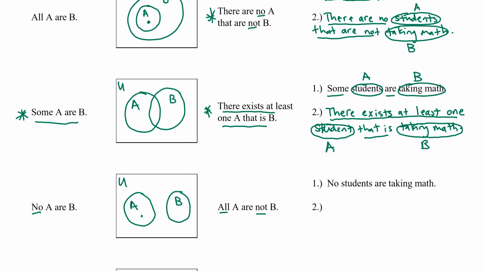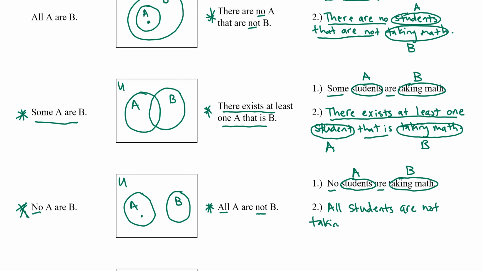Let's take these patterns and associate them with a specific example. The first statement fits this pattern, no A are B: no students are taking math. We want to form an equivalent statement using this pattern: all A, that would be students, are not B, not taking math.